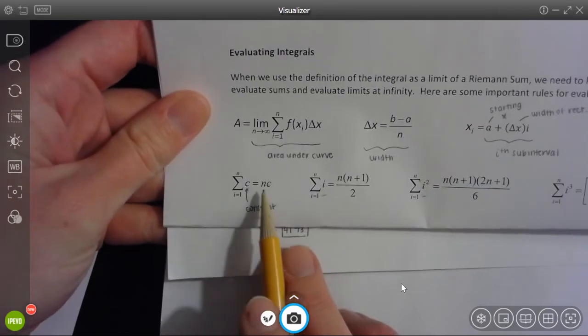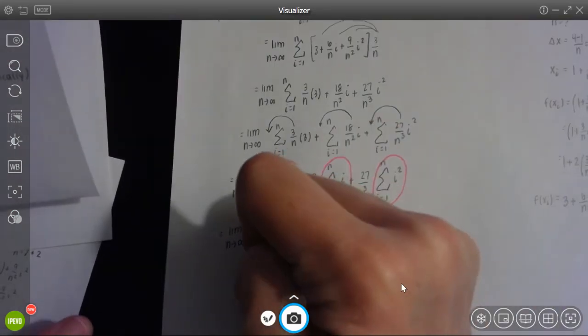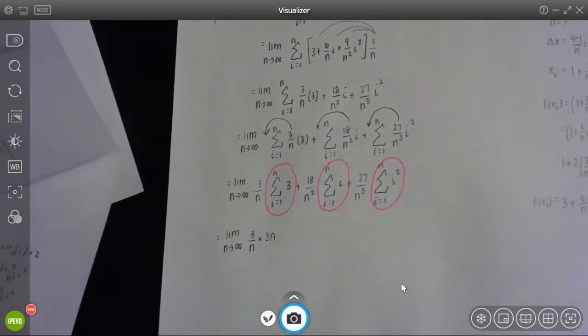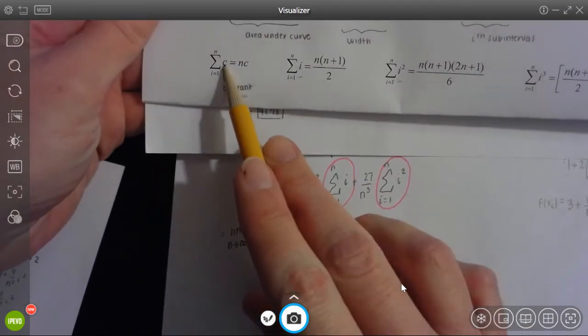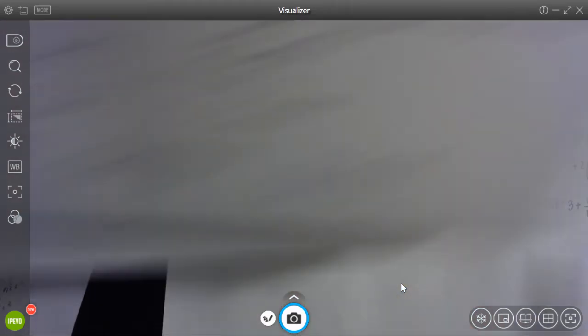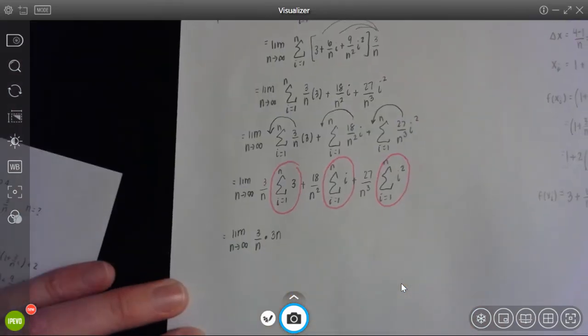So since my constant is 3, my summation is going to be equal to 3n. Again, the summation of any constant is n times whatever the constant is.